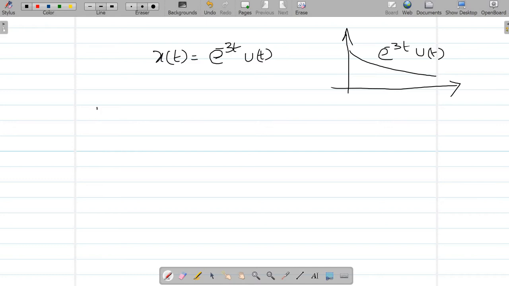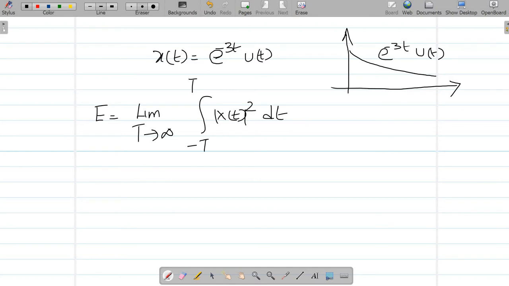If I want to find out whether it is an energy signal, what I have to do is take the limit t tending to infinity of the integral from minus t to plus t of the magnitude of x of t, the whole square.